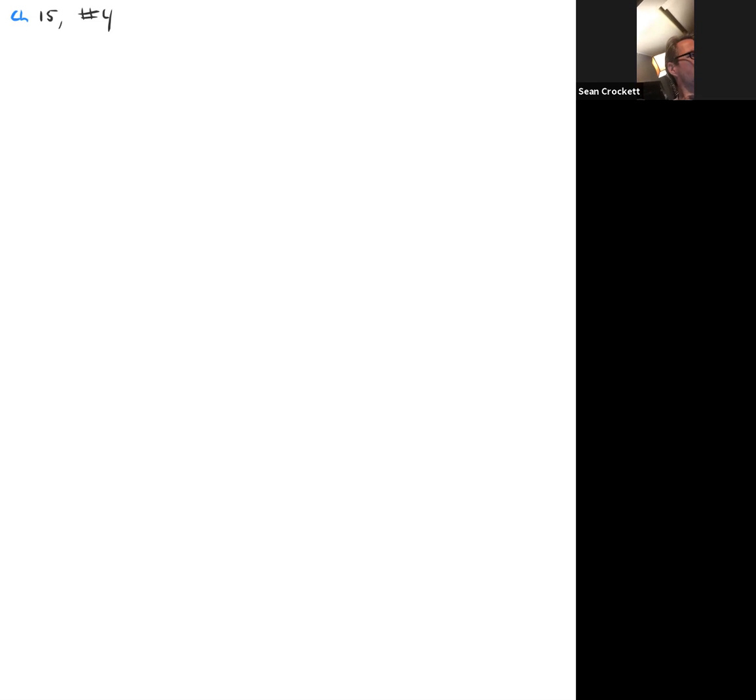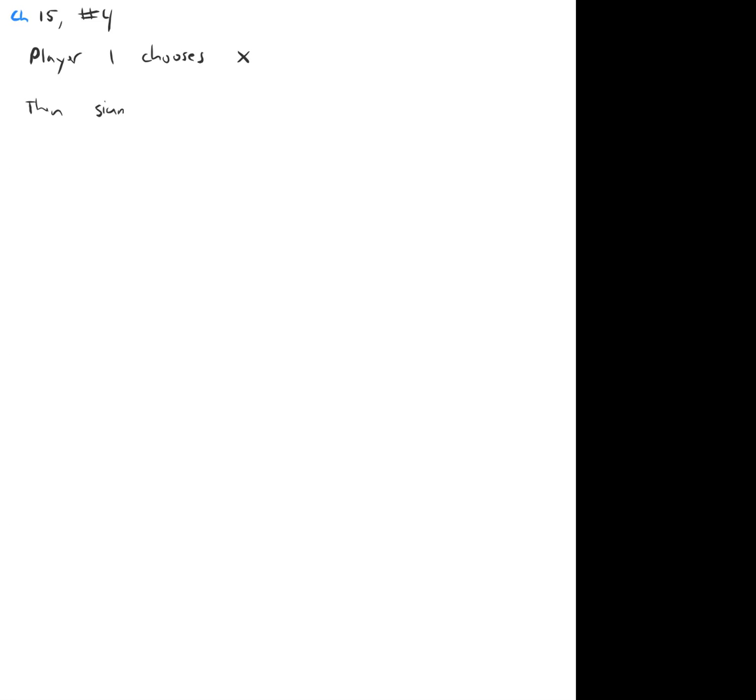So player 1 selects number X. And then player 2 observes it, and then they simultaneously and independently pick. With the simultaneous move, then it's going to be dotted lines, right?